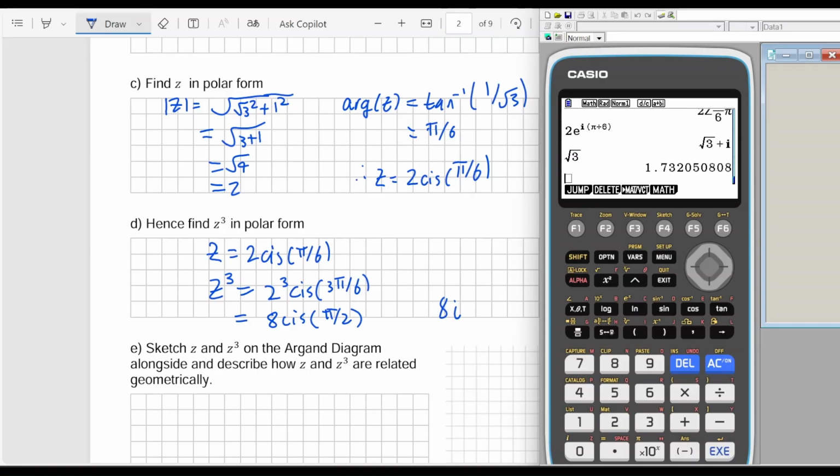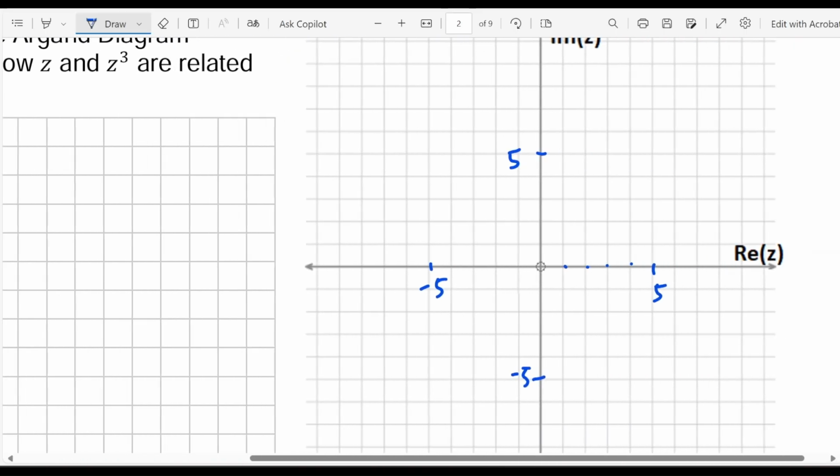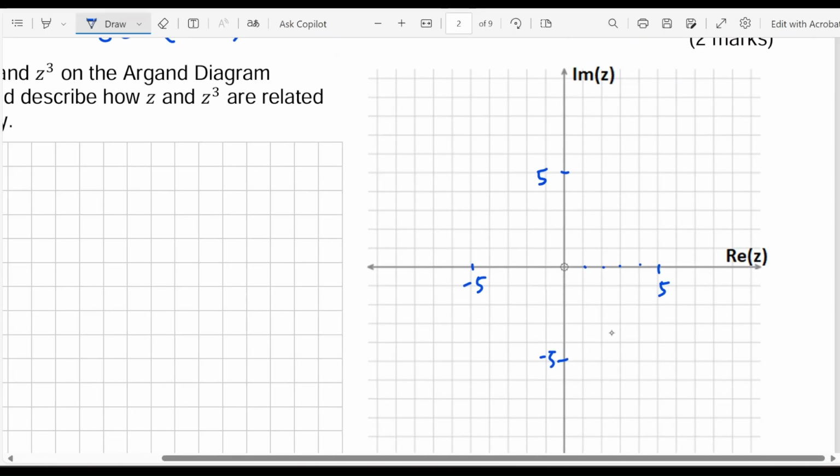So it's across 1.73 and it's up 1. So z lives about there. Might actually do that in a different color, just so that we don't get confused. So there's z there. And z cubed lives up there. Cool.